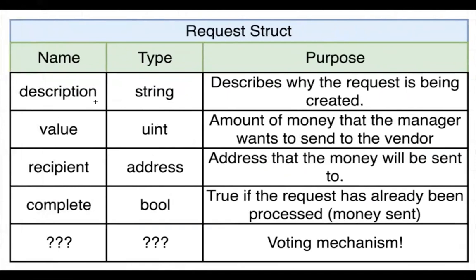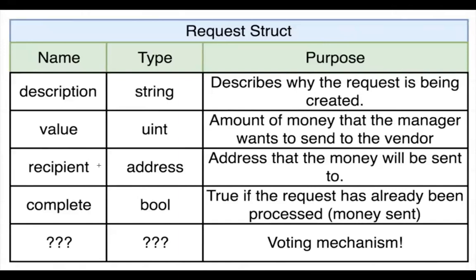So this is the area that a manager can use to justify the expense to all the contributors. Number two is value. So value is an unsigned int that will represent the amount of money the manager wants to send over to a vendor. Three, recipient. So recipient will be the address of the vendor, the person who will receive some amount of money.